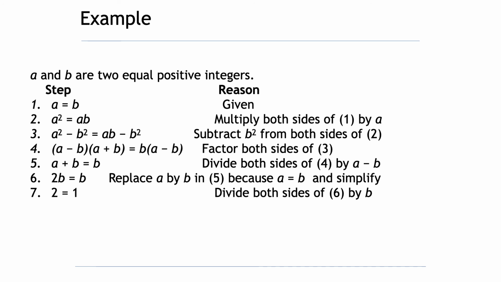So you cannot divide by A minus B because A minus B is equal to 0 and division by 0 is undefined. Here you just have a common error, for not following the rules of arithmetic. So you must be careful when you do proofs to not make a mistake in arithmetic or algebra.